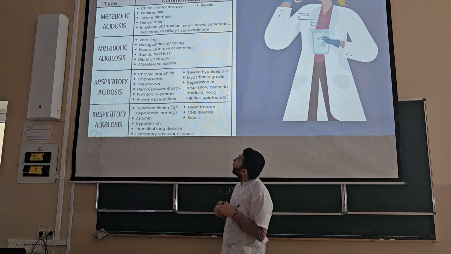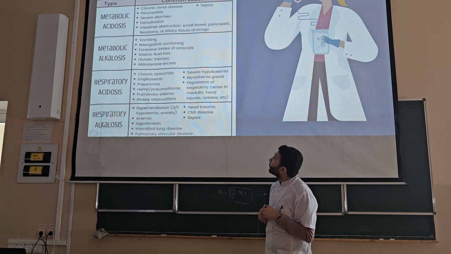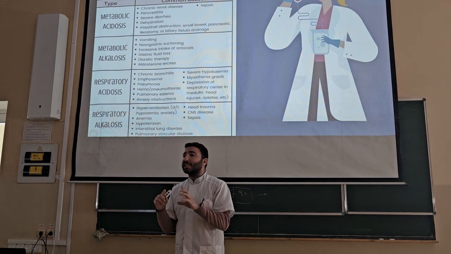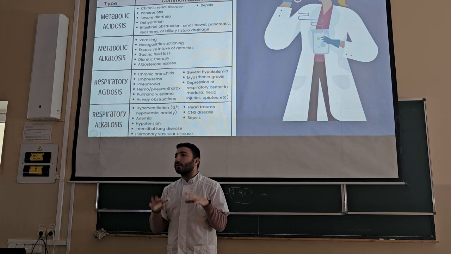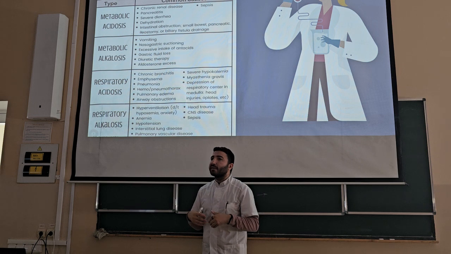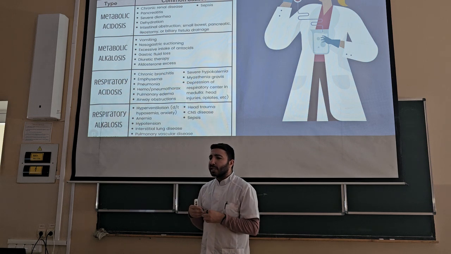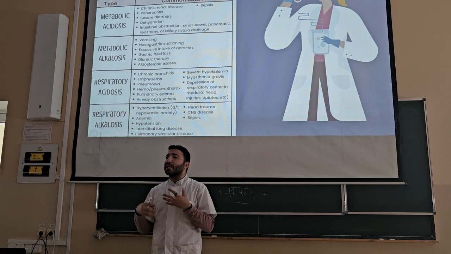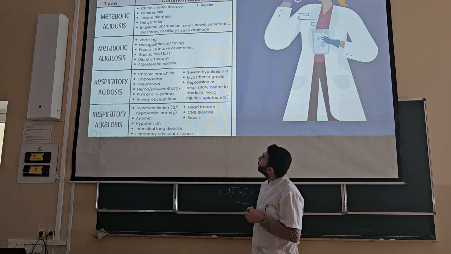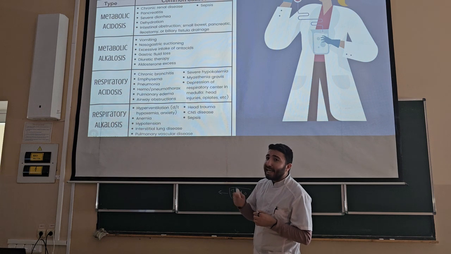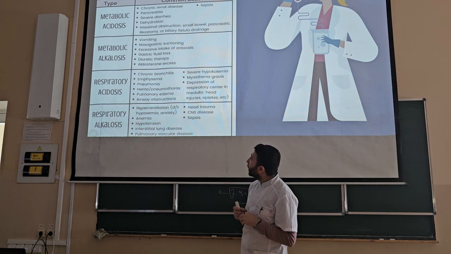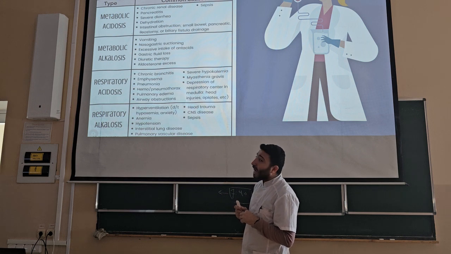So, in metabolic acidosis, most causes are chronic diseases of the renal system, like renal disfiltration, atrophy in the renal, sometimes even hyperstonemia, too many stones in the kidney. Pancreatic problems also cause metabolic acidosis.